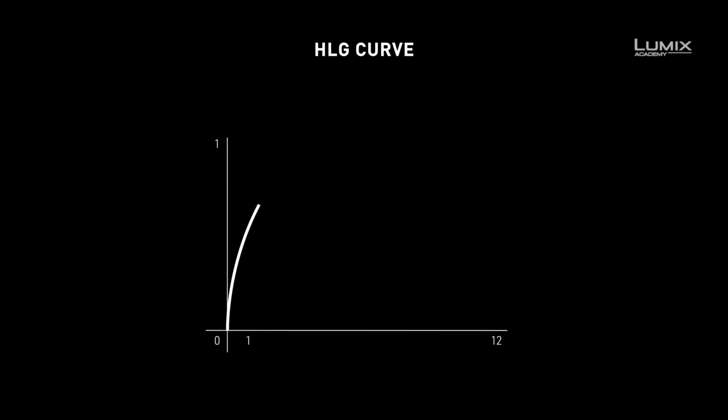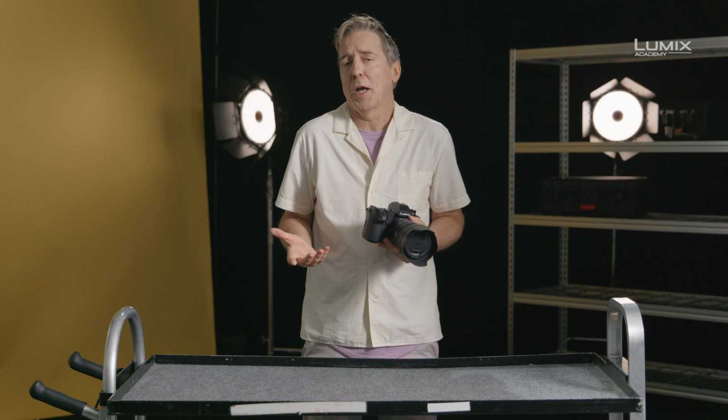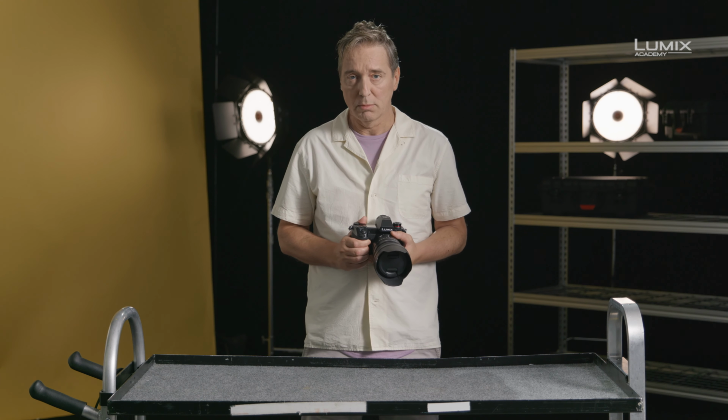The HLG format works around this obstacle by coding both SDR and HDR footage into the same broadcasting signal. And when being played back, the HLG signal will display in HDR if your television is compatible with the HLG HDR format. Otherwise, it displays in regular SDR.